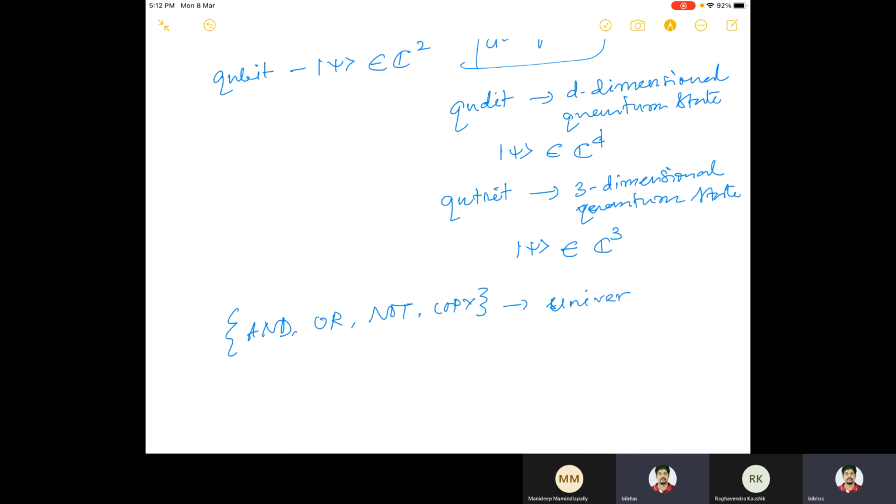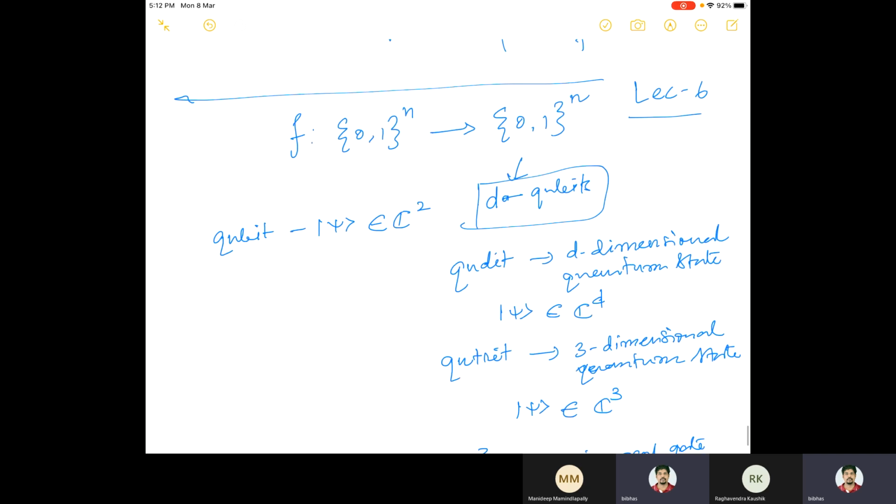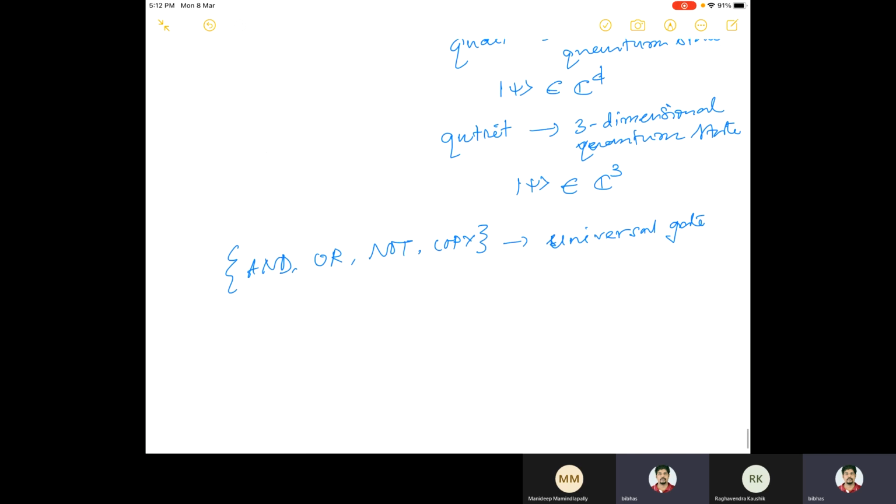A set of gates is called universal, meaning any function, like this kind of function, or 0,1 to the power d, anything, can be implemented in terms of these gates.